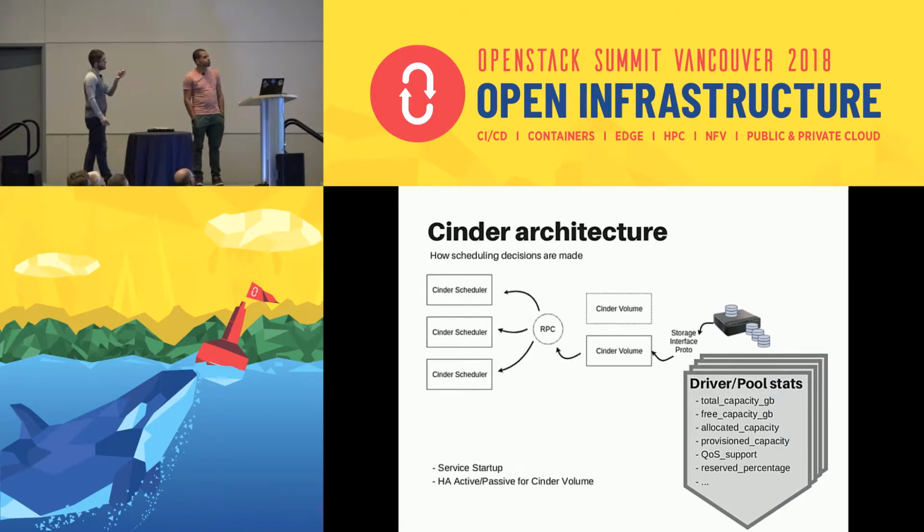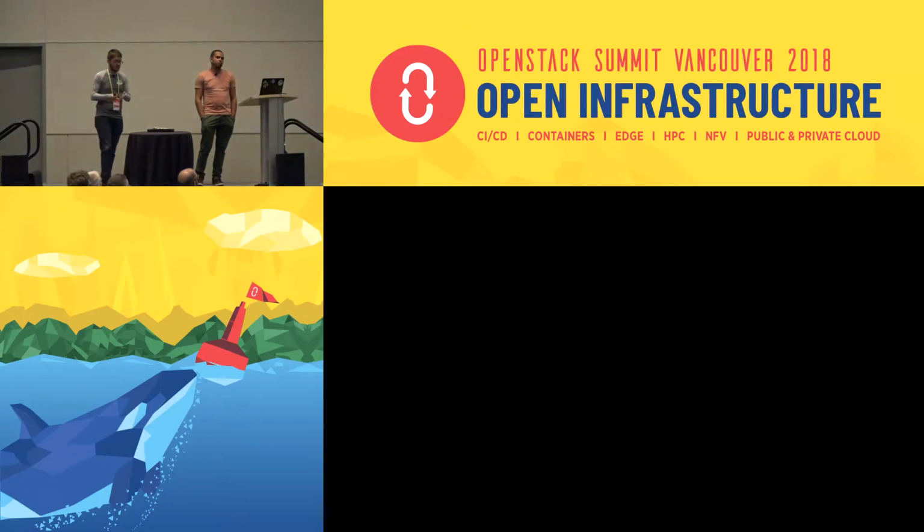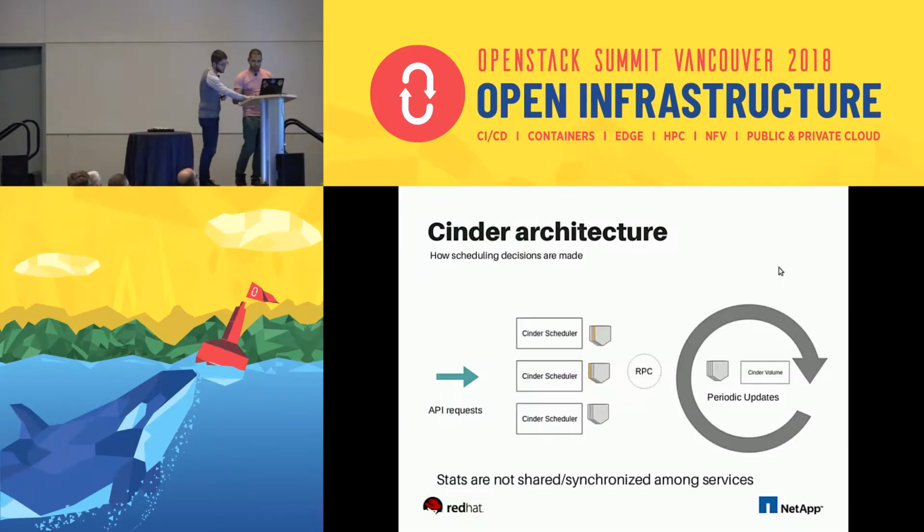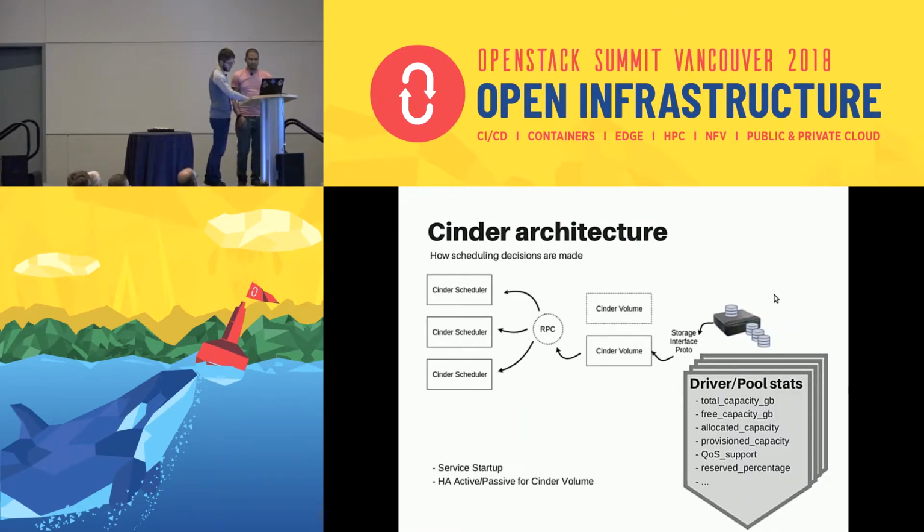So this is how the scheduler makes this decision. So how does the scheduler choose? What does it know? OK. So the scheduler has some information about the capabilities of each of its pools.